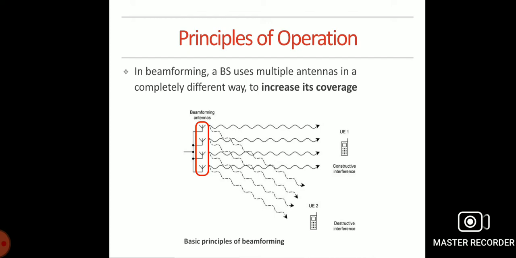User end 1 and user end 2 can suffer interference due to the mobile subscribers, so the angle of the signal is in phase and quadrature phase shifted.